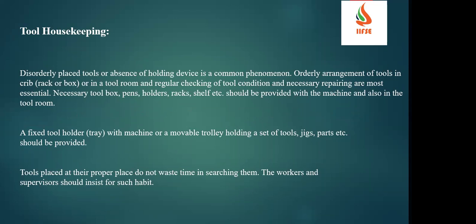A necessary toolbox, pegs and holders, racks or shelves should be provided with a machine and also in the tool room. So whatever tools we have should be kept in proper toolboxes and tool holders, and we have to check the condition of the tools frequently so that we can identify issues with the tool.